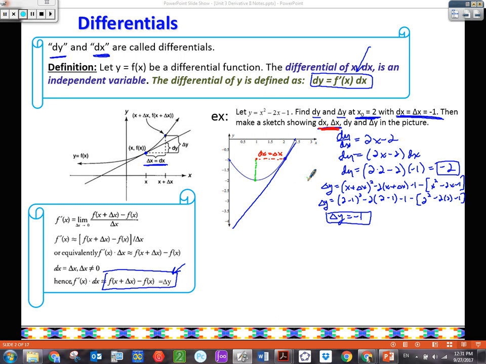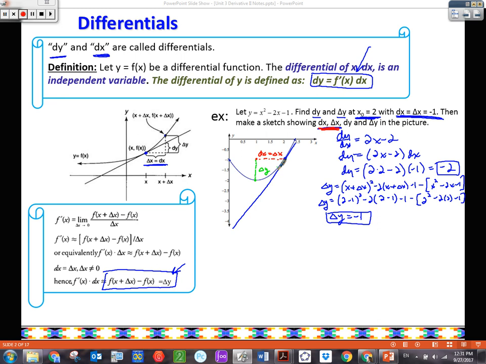So that should be a distance of 1. It's negative 1 because we're going down. And that looks fairly close, right? We're down 1. And this we label as delta y. Delta y again is the difference between the original y value, our point of tangency y value, and the actual y value of the function as we've shifted.